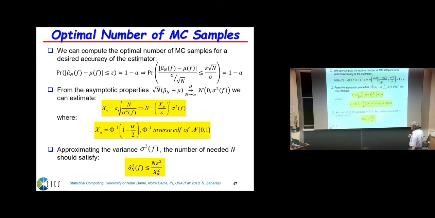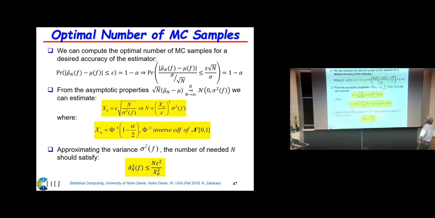So you can actually show that the problem is a little bit complicated. The algebra is exactly as in the circle problem. You can show that the sample variance has to be less or equal to n times epsilon squared divided by this inverse CDF function computed at 1 minus alpha over 2. I know you are not going to believe me, and you will not believe me unless you actually look at the circle problem, all right?